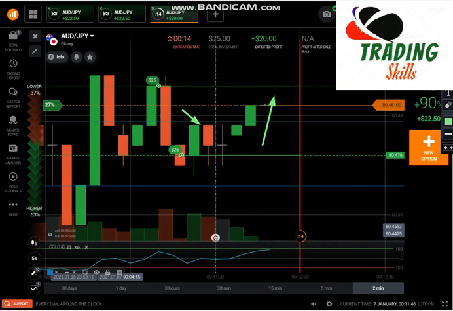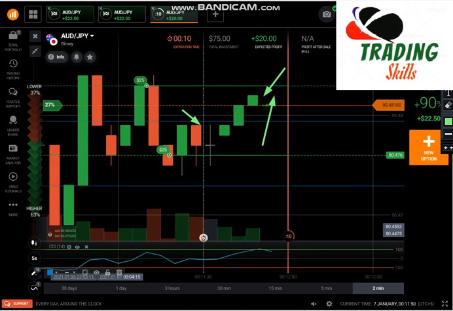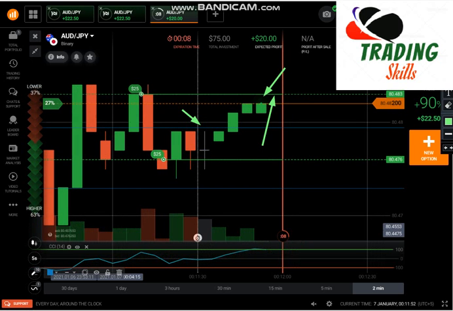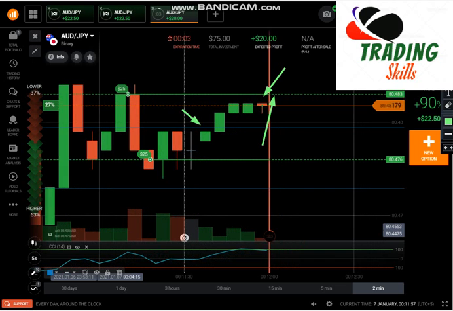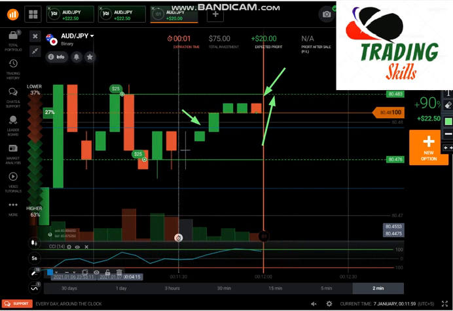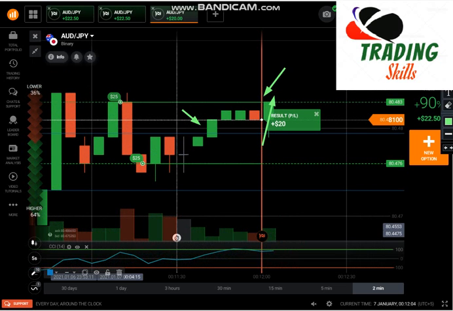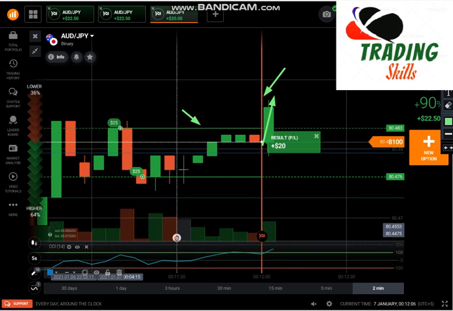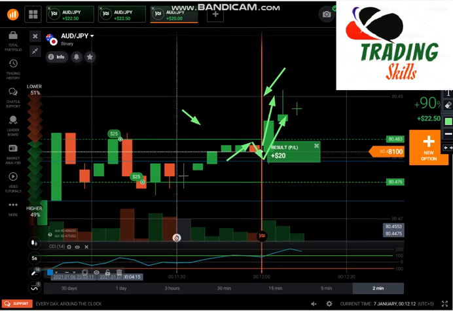You can see the market is going up, and here I have taken my trade. This is my last trade, and now you can see the market is going up exactly from that level. So in this way we can win each and every trade by analyzing the market properly.